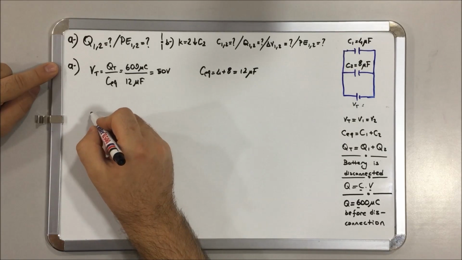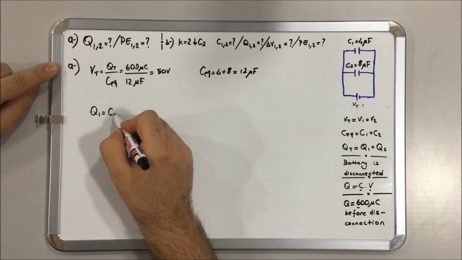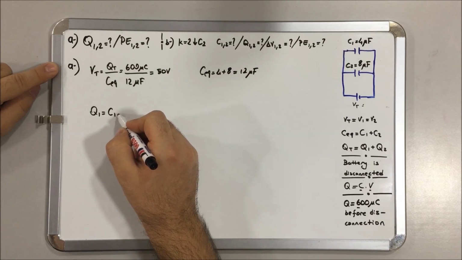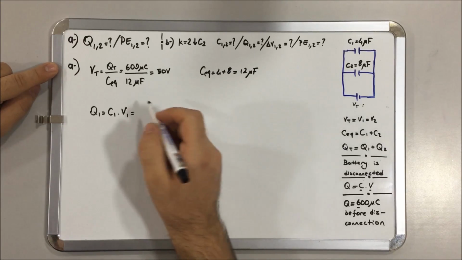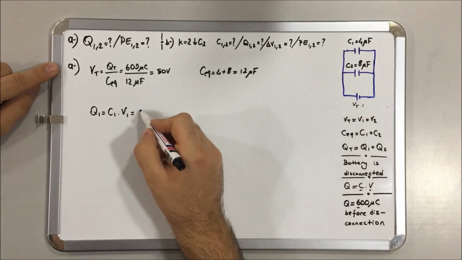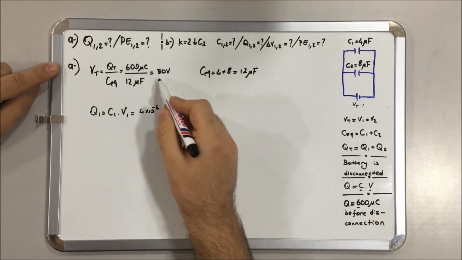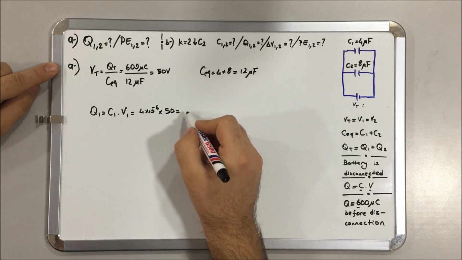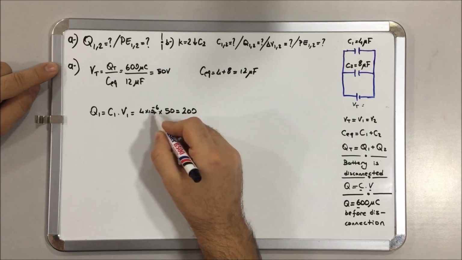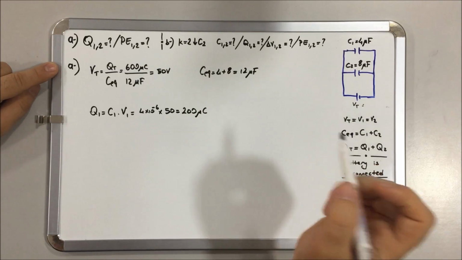So now I can calculate Q1, which is equal to C1 times V1. C1 is 4 microfarad, 4 times 10 to the power of minus 6, times V1, which is 50. So it will be 200 times 10 to the minus 6, microcoulomb.